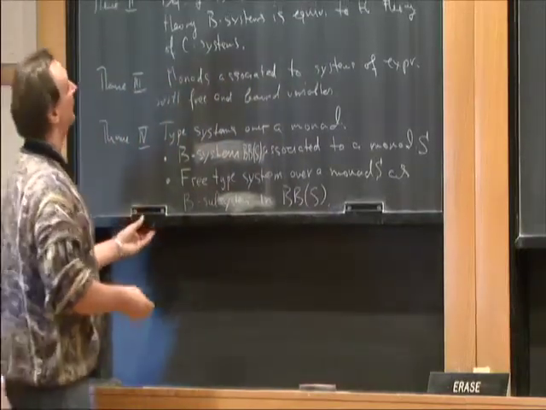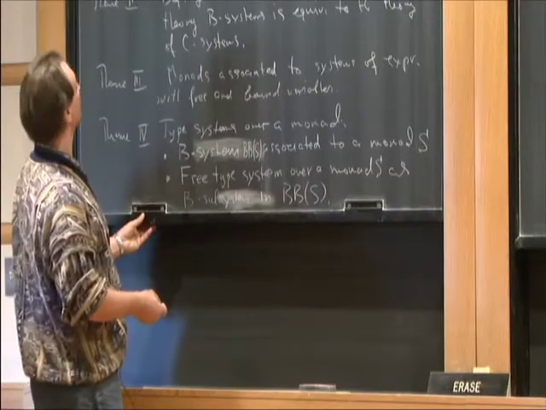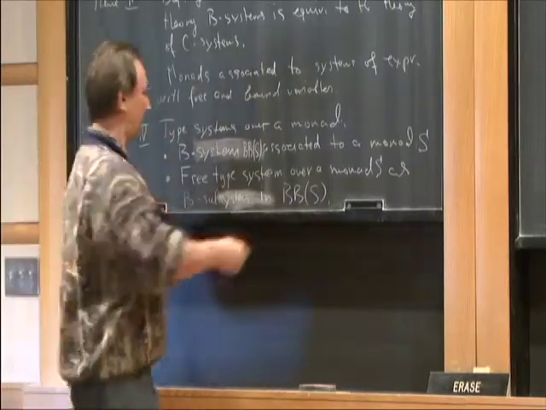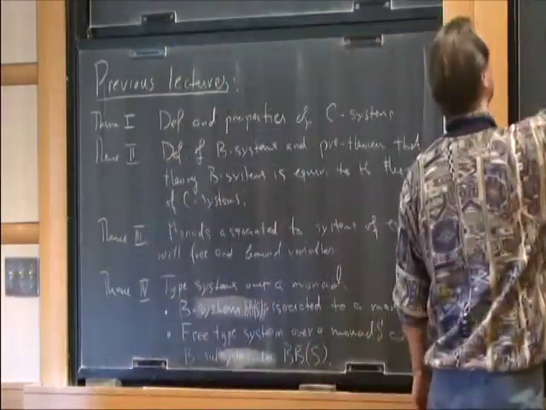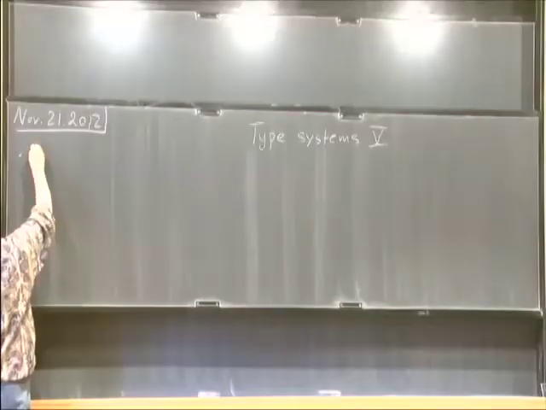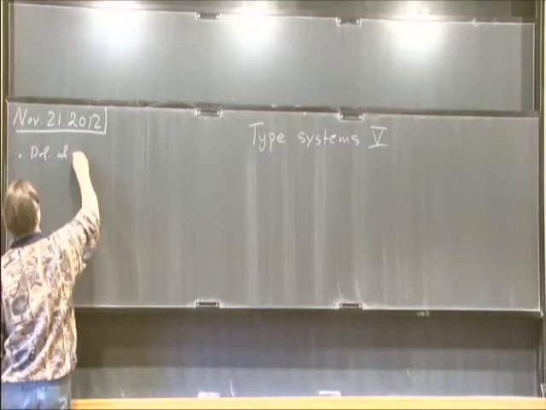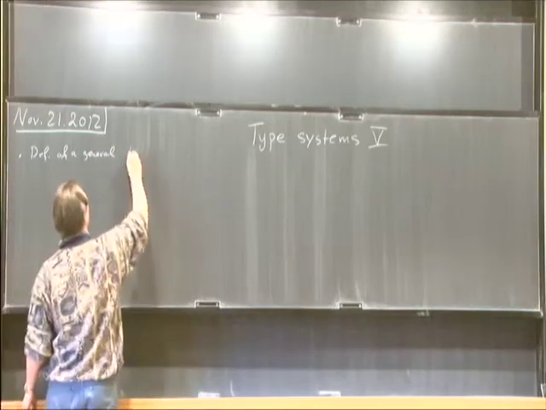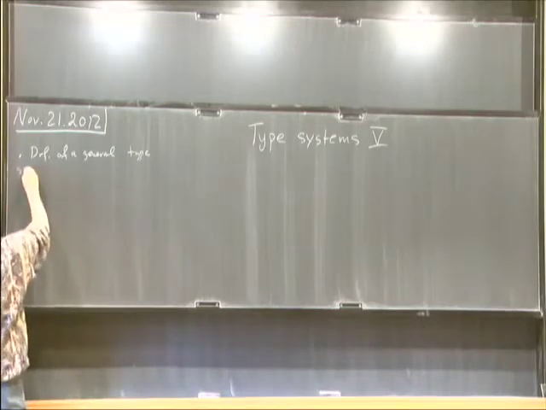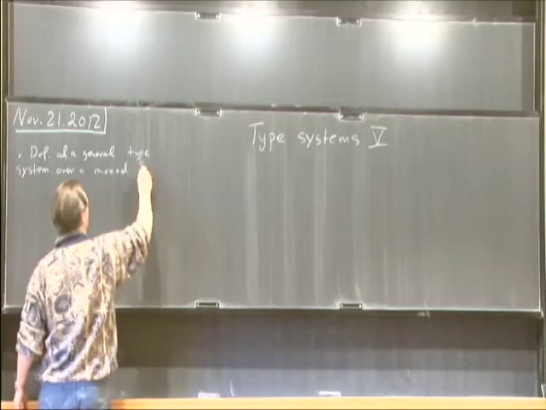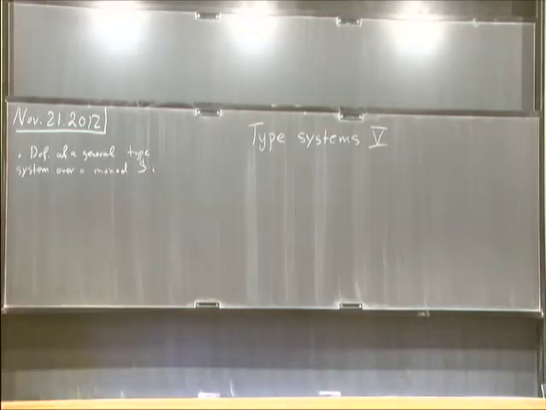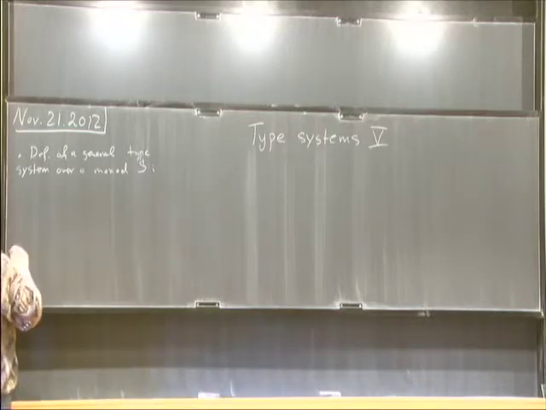And then we further had, and that was the last lecture, a definition of a general type system over a monad S. I will now recall this definition, not in complete detail, of course. So the definition was as follows.